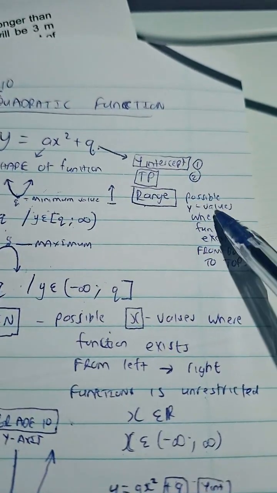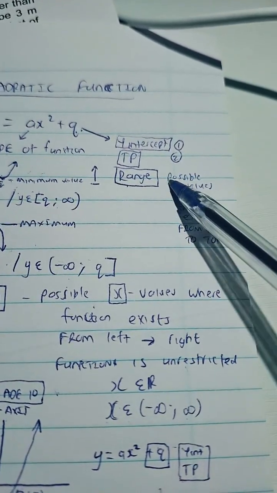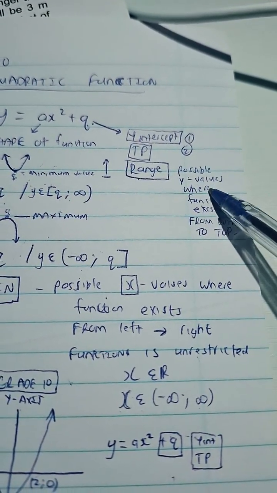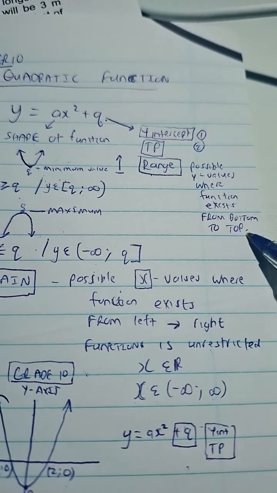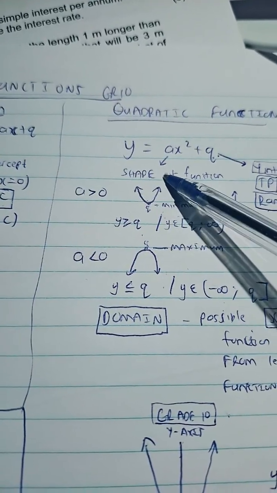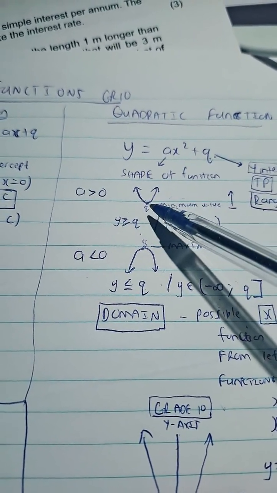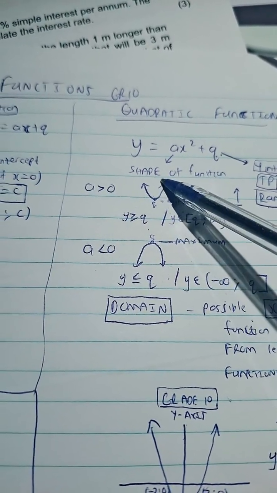Then I spoke about range. The range of a function is the possible y values where the function exists from the bottom to the top. So for the parabola here, if we look from the bottom to the top, where will the function exist?